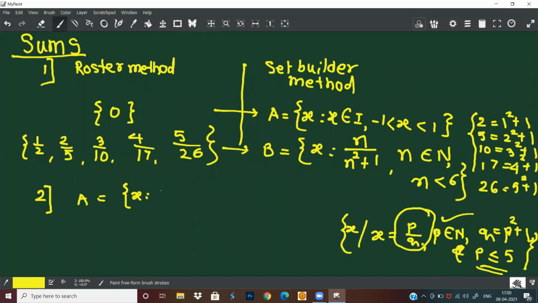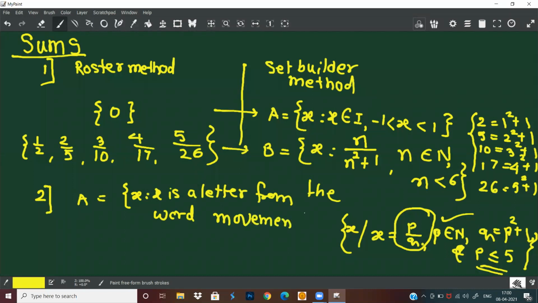X is a letter from the word movement. ये दिया हुआ है सेट बिल्डर फॉर्म में.